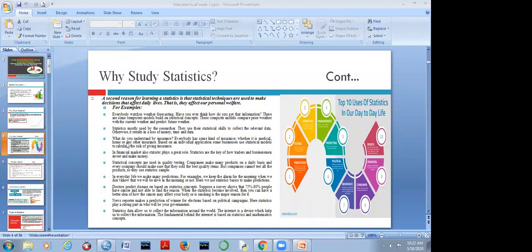Then what do you understand by insurance? Everybody has some kind of insurance: medical insurance, home insurance, any type of insurance. When an agent approaches you, he has some data. First he provides information about the insurance policies.